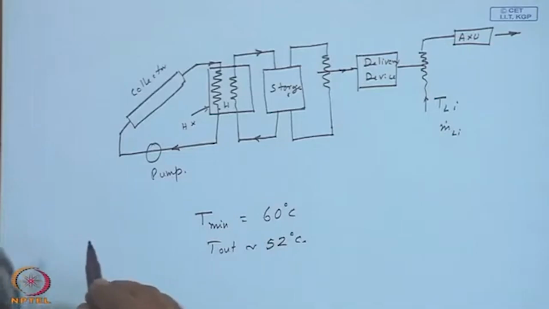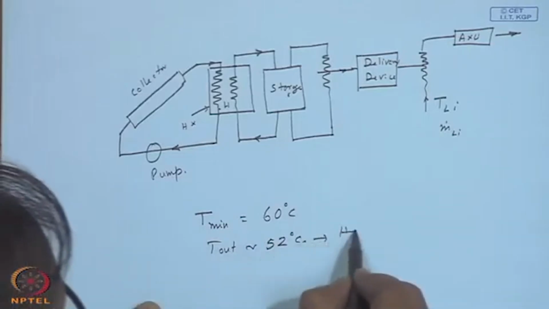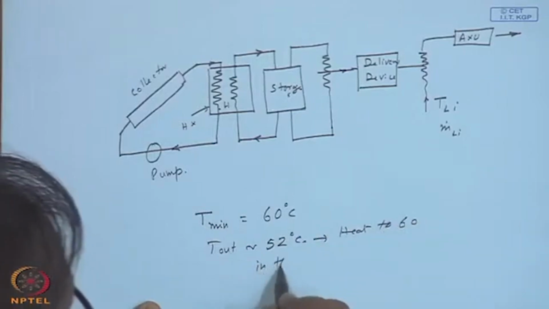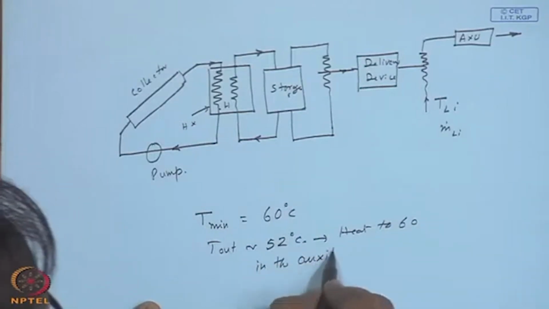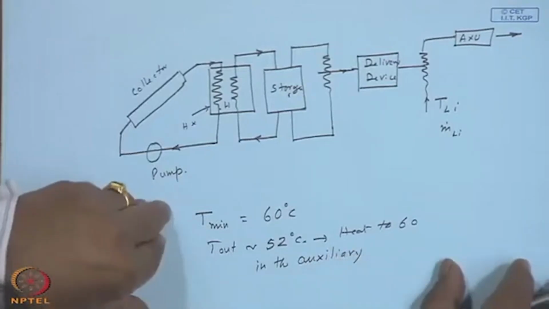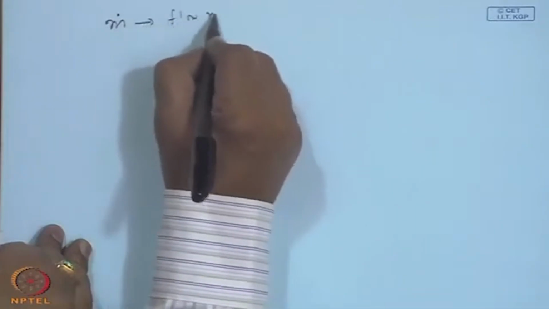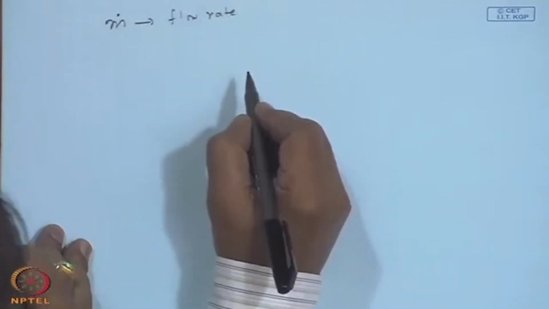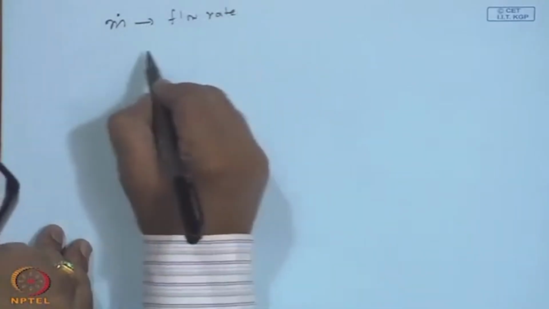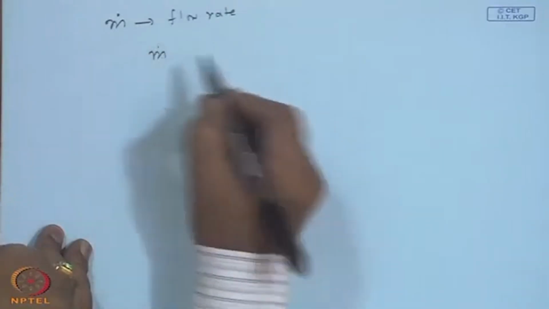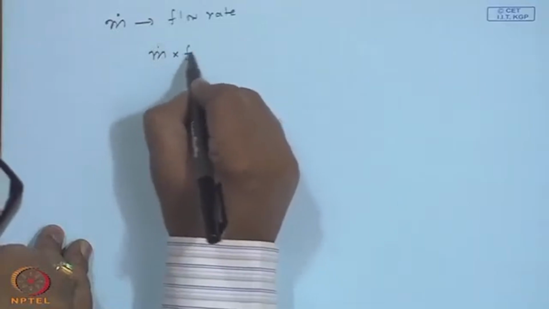So, what I can do is take this 52 heat to 60 in the auxiliary, or you need m dot flow rate meeting the energy temperature delivery, or the solar energy system is able to cater to m dot multiplied by some fraction.